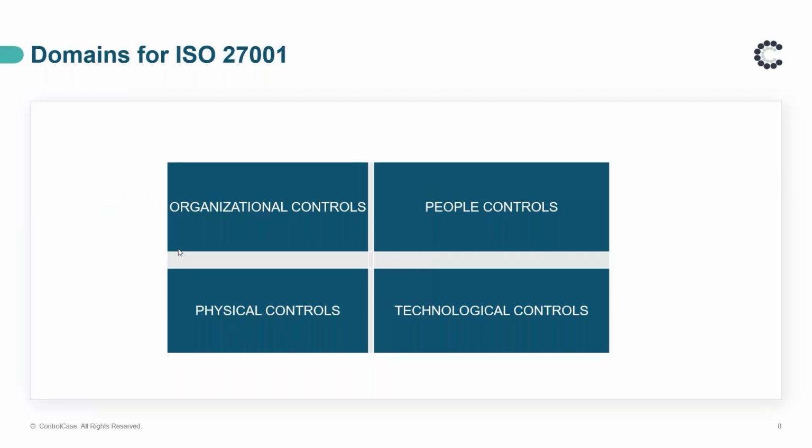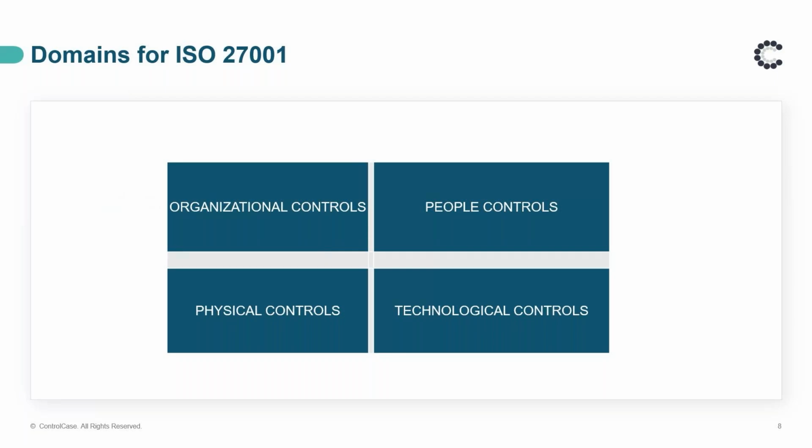They've also added a few, but we won't go into that detail. We'll talk about the high-level domains, right? So these 93 controls are divided into 4 domains: organizational controls, people controls, physical, and technological controls. I just want to give you a high-level example of each of these.